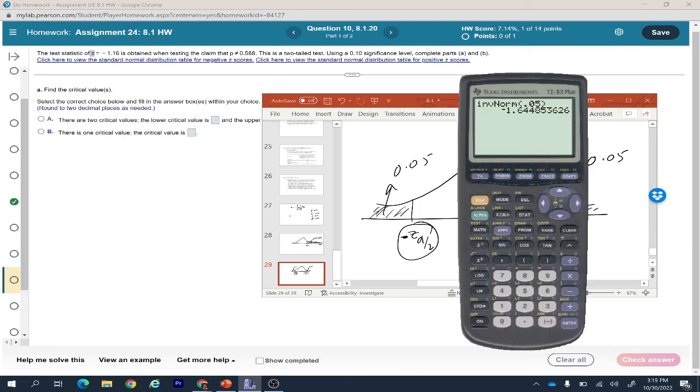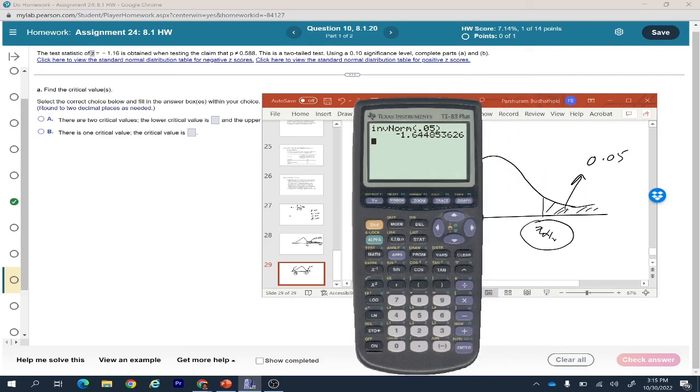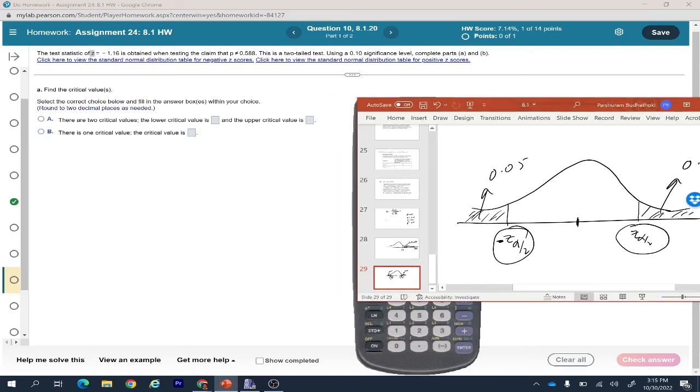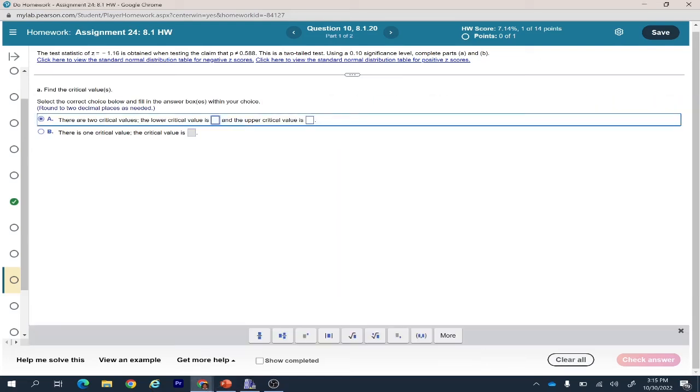In this case it's negative 1.64 if you round to 2 decimal places. You can get the same z-score but positive for the other side. So the answer is negative 1.64 and positive 1.64. These are the two critical values.